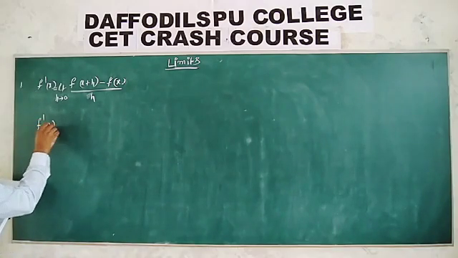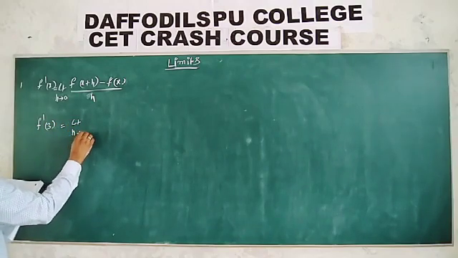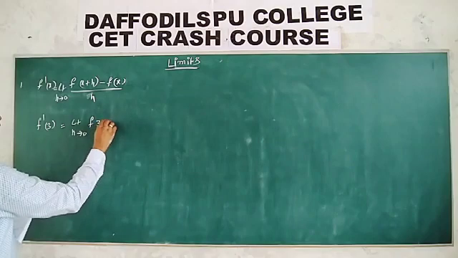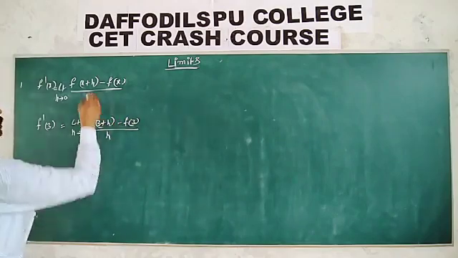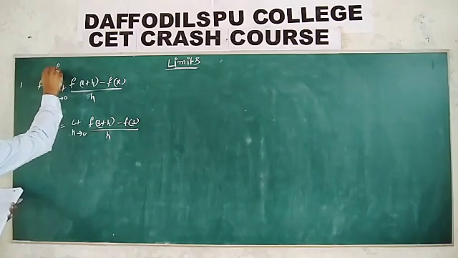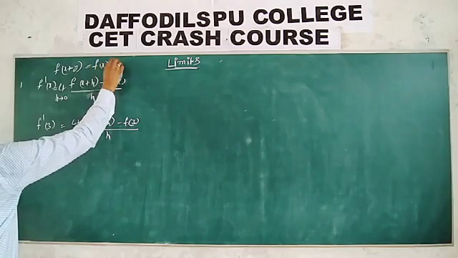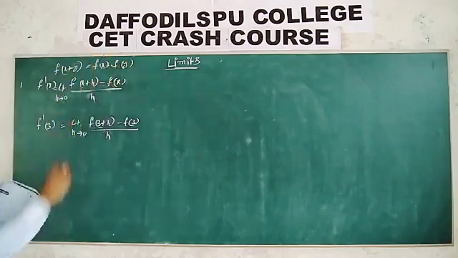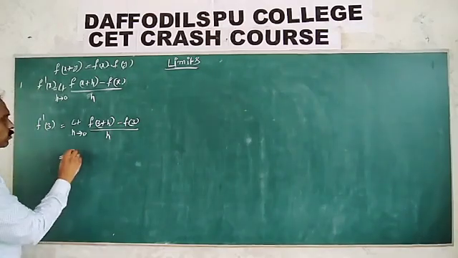Take like that. f dash 3 is equal to limit h tends to 0, f of 3 plus h minus f of 3, divided by h. Given in the problem, one condition is given: f of x plus y is equal to f of x into f of y. Use that one.